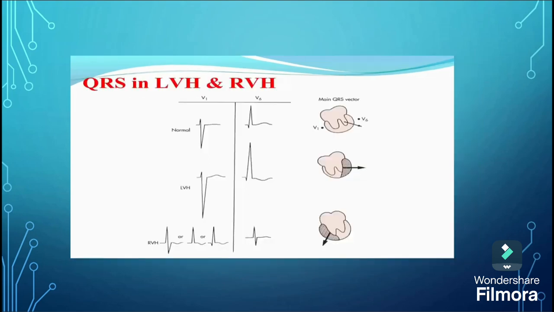Then QRS complex in left ventricular hypertrophy and right ventricular hypertrophy. So this is normal in V1 and this is normal in V6. In left ventricular hypertrophy, you can see the QRS complex is very deep in V1. In V6, it is very tall. In right ventricular hypertrophy, you can see the negative deflection over here.